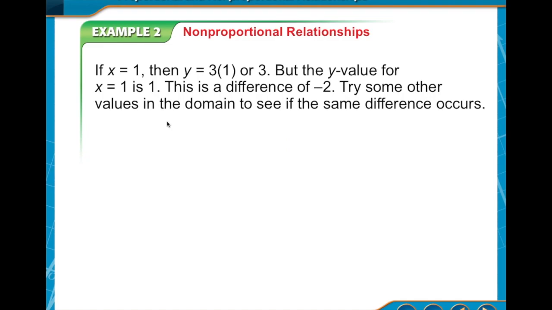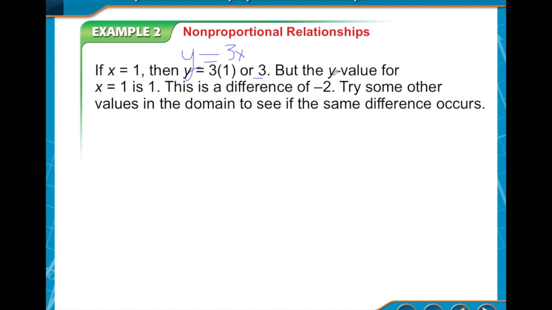So if we were to check that equation, we said y equals 3x. If we were now to check that equation and see if our points line up when we plug in values, we can double check to see if this is true. So if x is 1, we would get 3 times 1, which is 3. That's what you see here.